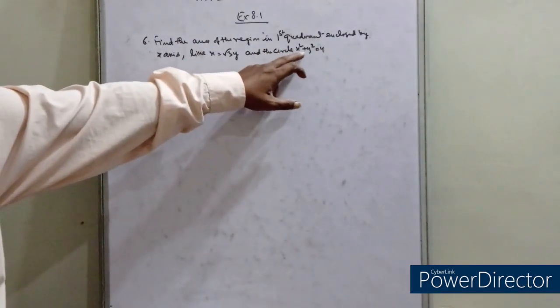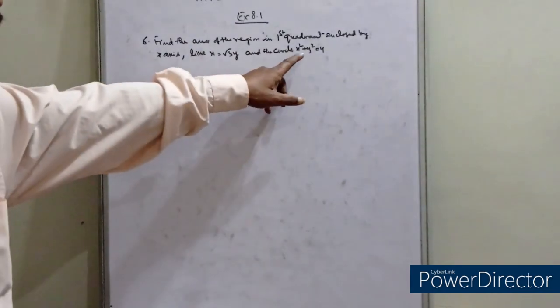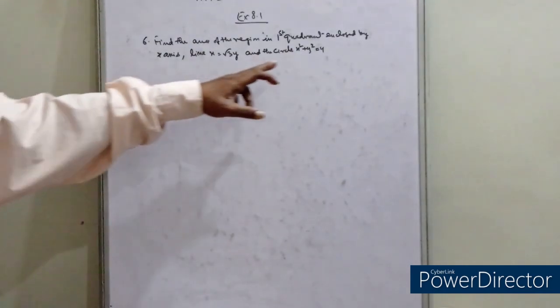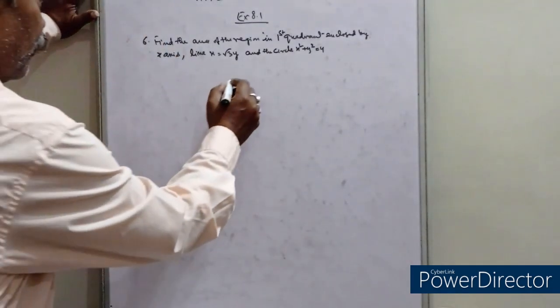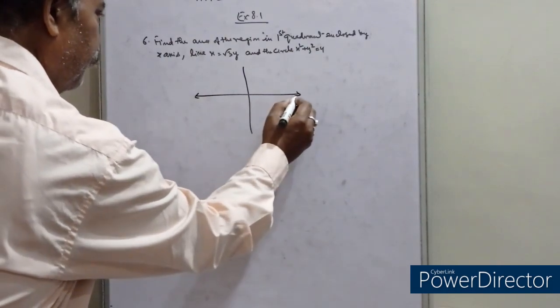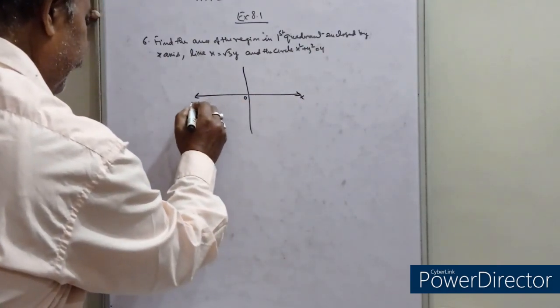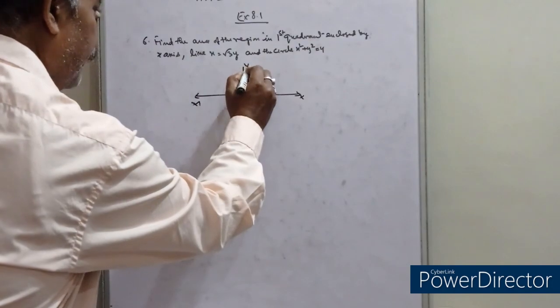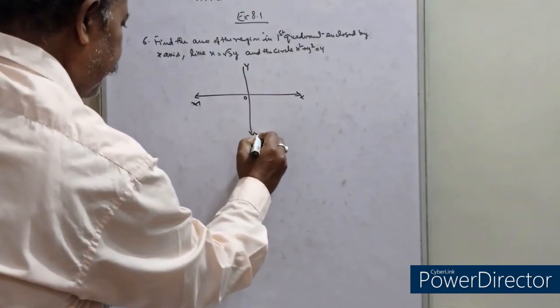So here first of all, this is the knowledge which you will get from class 11, that this is the equation of a circle whose center is at the origin. So the graph will be somewhat like this: x o x dash, y o y dash.